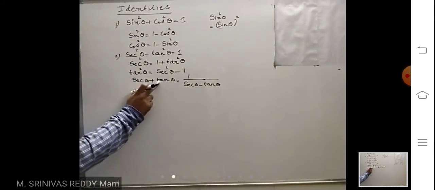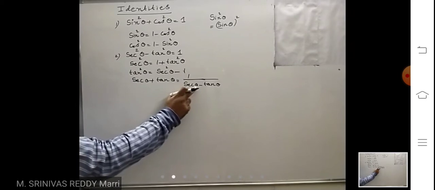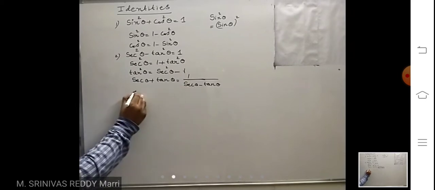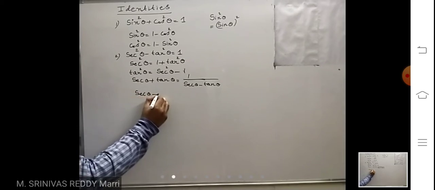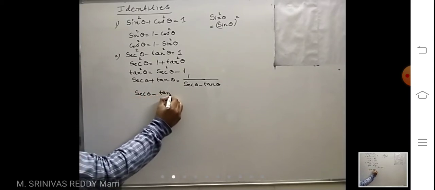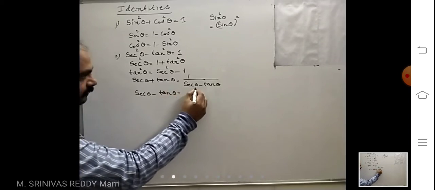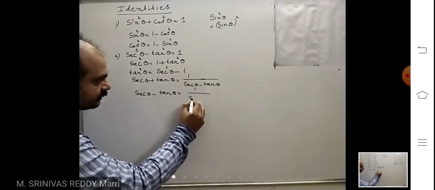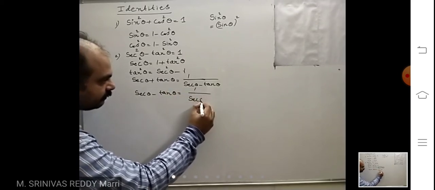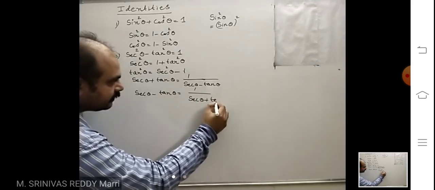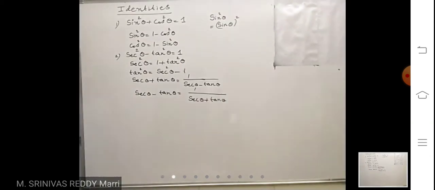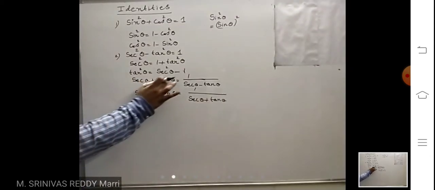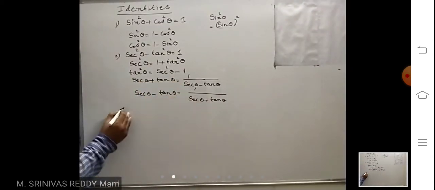So secant theta plus tan theta and secant theta minus tan theta are reciprocals of each other. Secant theta minus tan theta is nothing but 1 by secant theta plus tan theta. These both are reciprocals of each other. So that is the second identity.